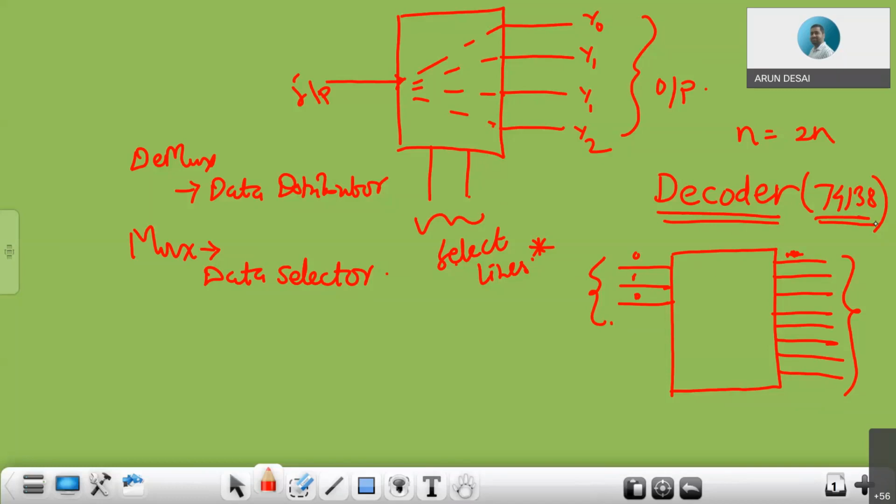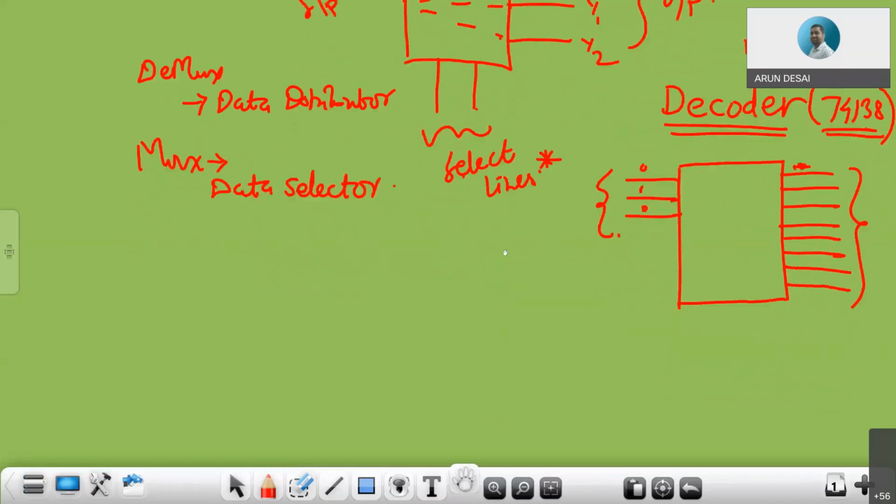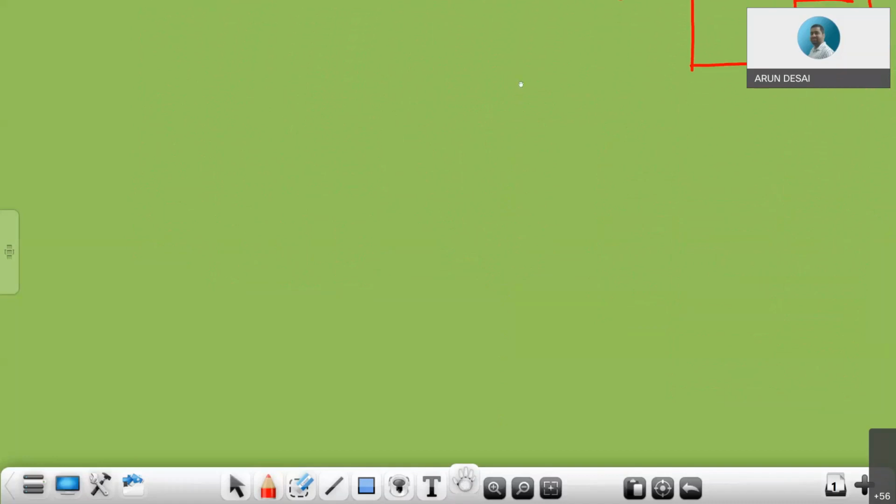Now next is implementation. From multiplexer and demultiplexer, the next question is that by using a multiplexer you can solve or implement a Boolean function.